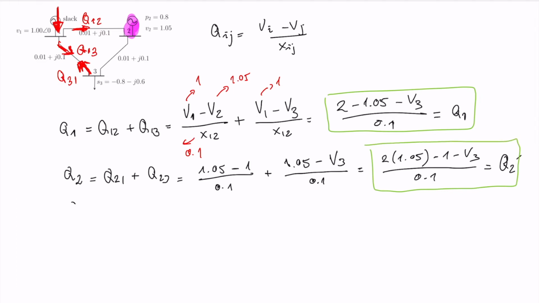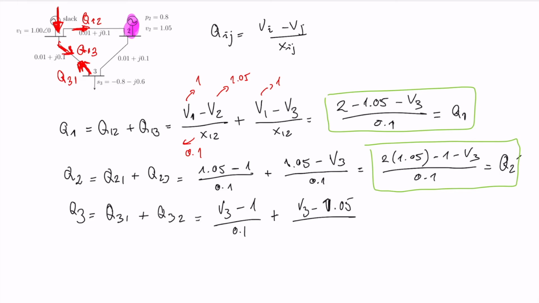And the last one, Q3 is equal to Q31 plus Q32. This is equal to B3, which I don't know, minus B1, which is 1, divided by the reactance between these two lines, 1 and 3, plus B3 minus B2, which is 1.05, divided by 0.1.